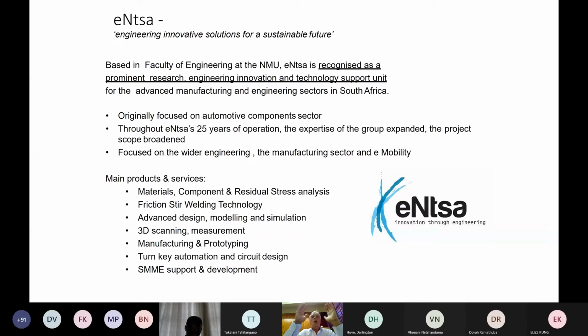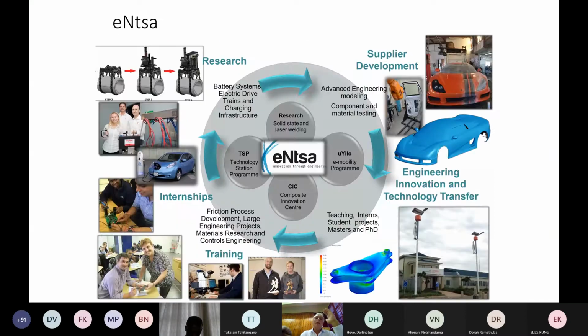They've been running for 25 years, because it used to be an old institute within the old Port Elizabeth Technikon. And they are focusing very much on the products and services listed there. You'll find that this particular entity is also working with e-mobility.